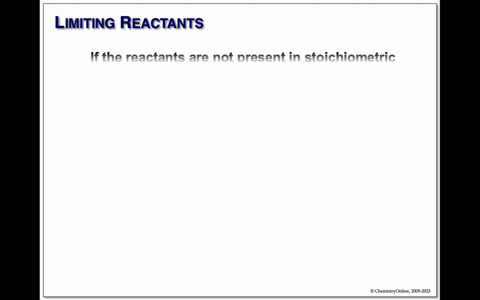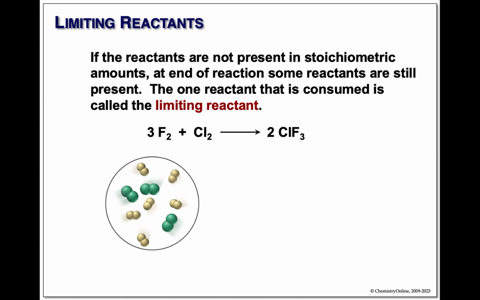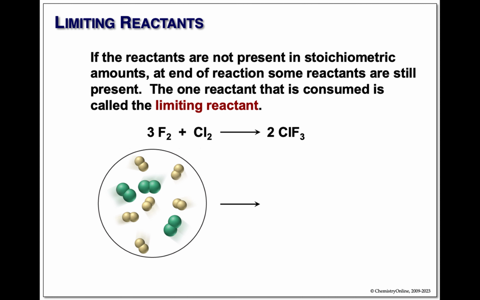We're not going to do gloves. When I say a concept question, it's something like this. If we take fluorine, react it with chlorine, we can get chlorine trifluoride. All right? Let's pretend that we have 3 chlorines and 1, 2, 3, 4, 5, 6 fluorines.